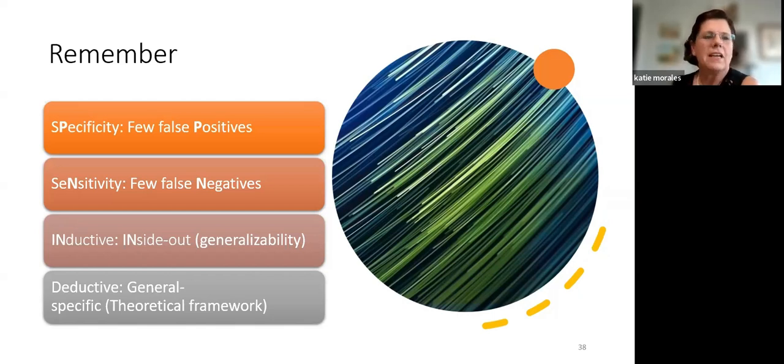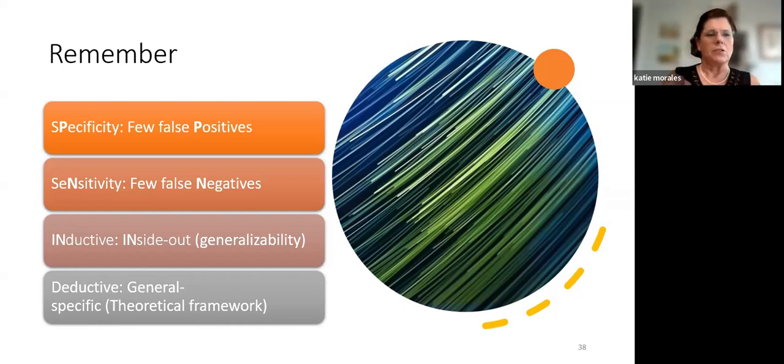Versus sensitivity, and I made the N big and bold for you, it has few false negatives. So if you had a negative on that test, you can be pretty sure you don't have that because it's very sensitive. I think about the D-dimer test, right? If you're an ER nurse like me, the D-dimer, it's very easy to get a positive. It is not very specific, but it is very sensitive. So a negative D-dimer tells you more than a positive.